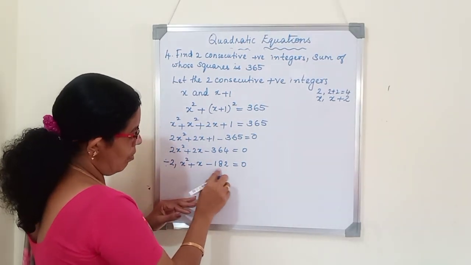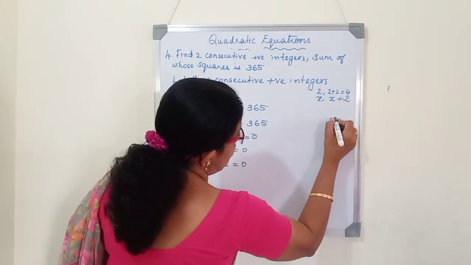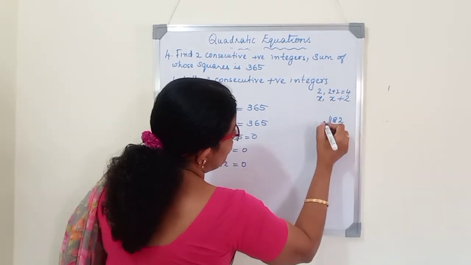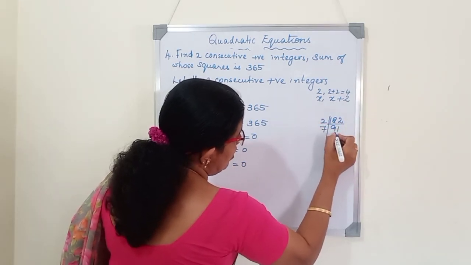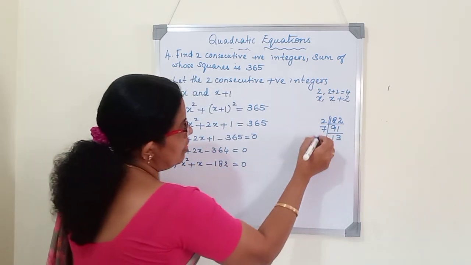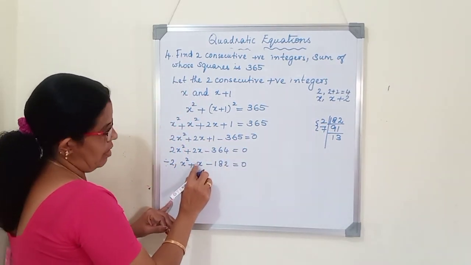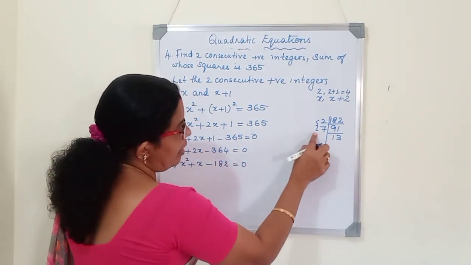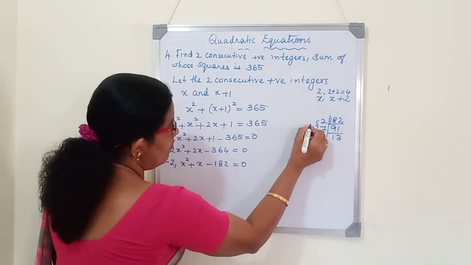Here the product is minus 182, the sum is plus 1. So we will factorize 182: 2, 91, 7, 7 1s are 7, 7 3s are 21, the same numbers as in the previous question. So we will take 14 and 13, as we want plus 1; we know that for consecutive numbers, 14 minus 13 is 1.